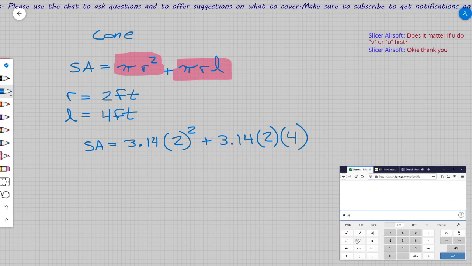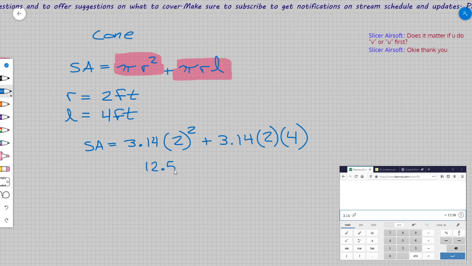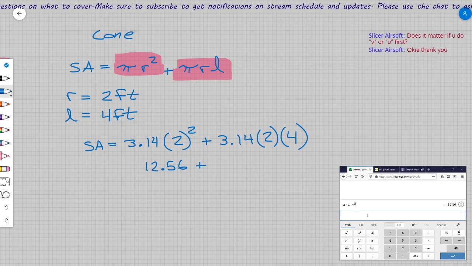It's 3.14 times 2 squared gives us 12.56. So then we can do 3.14 times 2 times 4. That's 25.12.